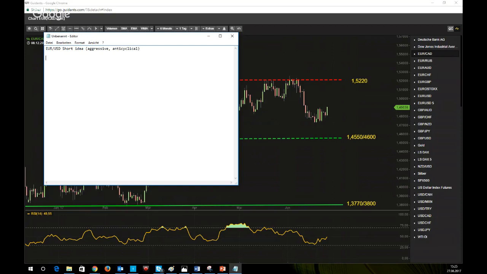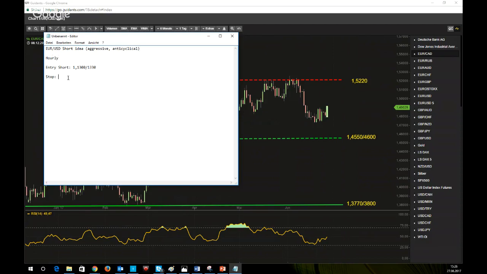So the entry short, well, probably somewhere around 113.20 to 113.30. That's probably a good level. We'll do this on the hourly chart.